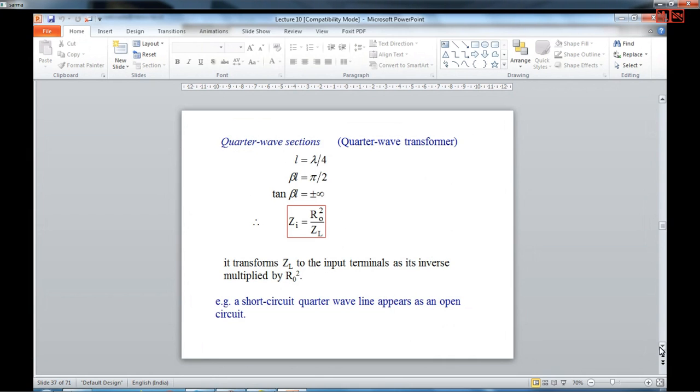Now, this quarter wave line is a very, very useful one. I mentioned to you about the quarter wave line as a copper insulator. It can also be called a copper insulator if the line is short circuited at one end. Because a short circuited transmission line of length quarter wave is going to act like an open circuit or act like a switch.